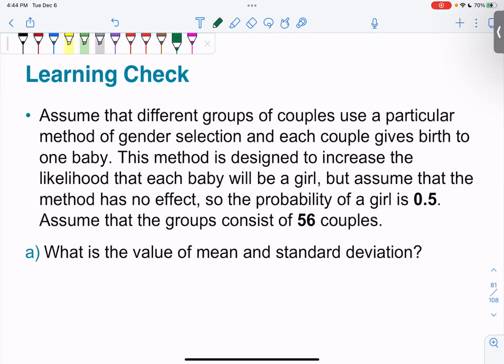So can we say this experiment is independent? How many times will we repeat this experiment? 56. So each single experiment should be independent of the other one. So let's say the first couple having a boy or girl, will it affect the second couple? No, right?